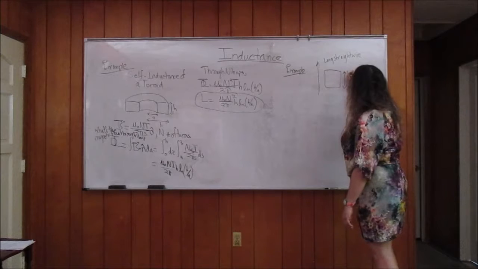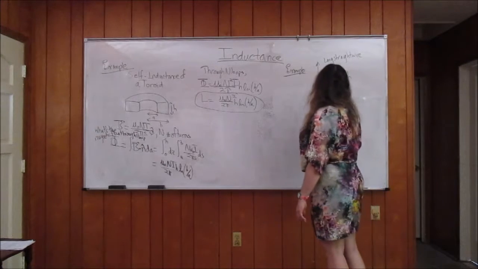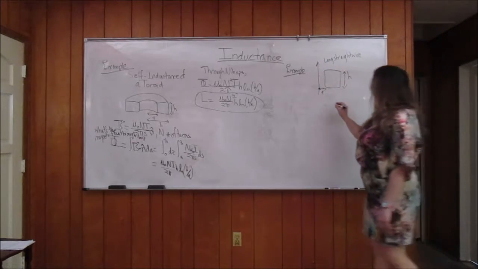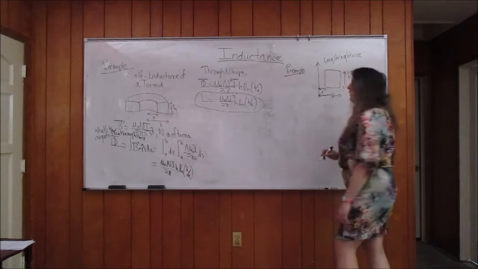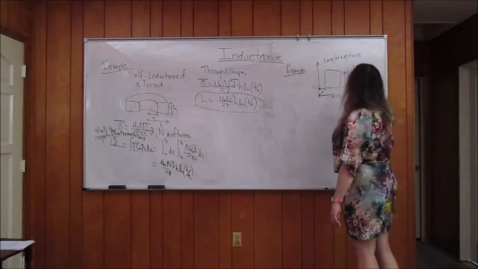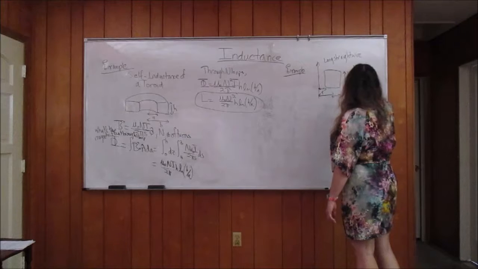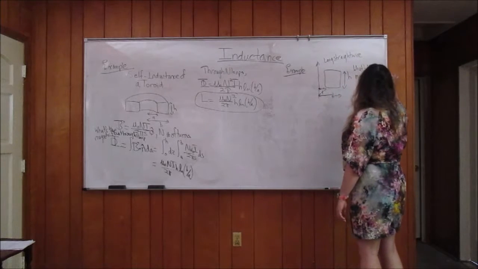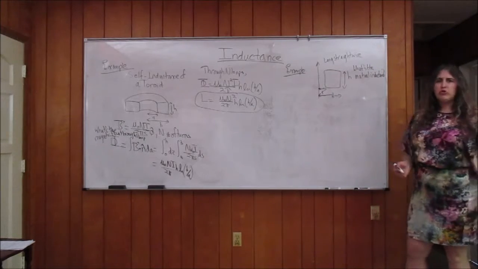Again, we'll assume this loop has height h, and we'll assume that the distance from the wire to the left-hand side of the loop is just A, and from the wire to the right-hand side of the loop is B. And I'm going to figure out, well, what's the mutual inductance this time, instead of self-inductance.